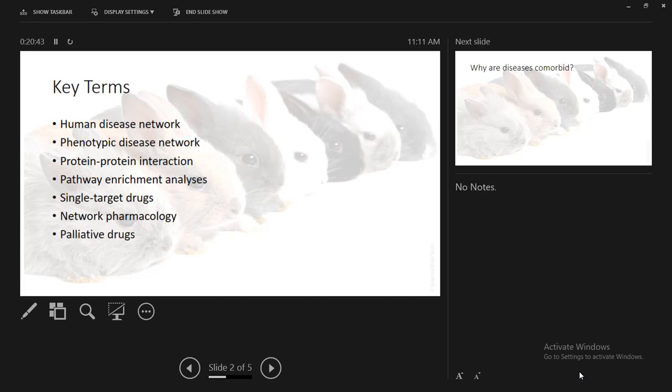Okay, and then the last thing, palliative drugs. So these are drugs that are designed not to hit a specific target protein, not to hit a specific node, but instead to influence the neighboring processes. Okay?